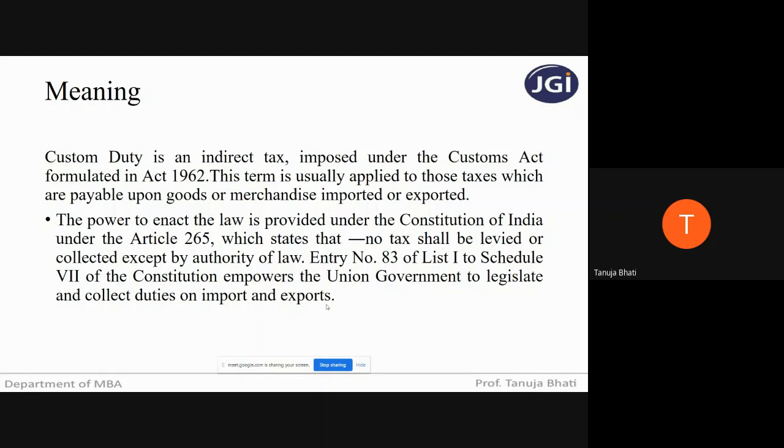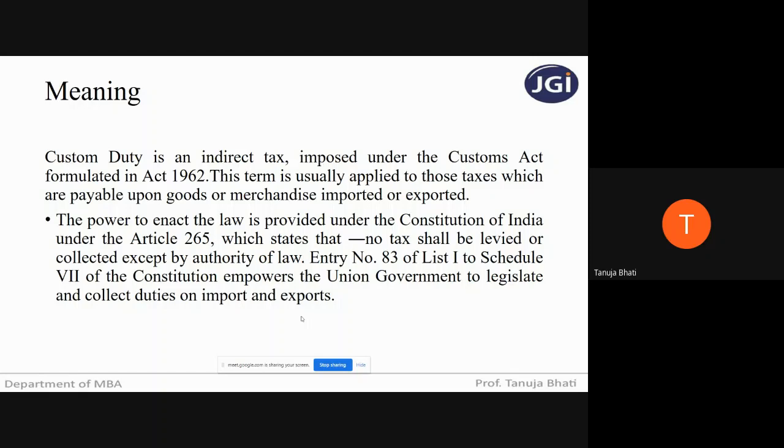But customs duty is only regulated and empowered by the Union government. When I say Union government, it means the central government. So only the central government has the right to legislate and collect the duties on imports or exports. That means whatever customs duty is being collected, that duty or tax goes to which government?